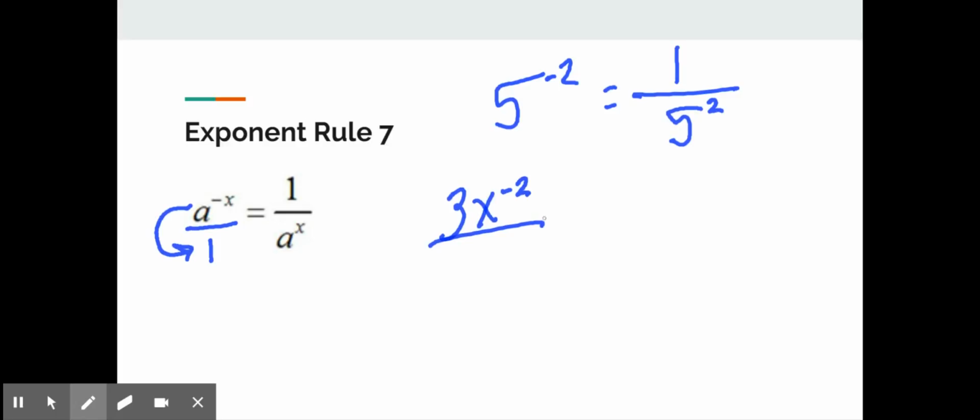It's just the x that has the exponent that's negative. I don't know why I put this fraction bar because it wasn't a fraction, but the 3 is going to stay on the numerator because there's no negative exponent on the 3. It's just the exponent on the x that is. And we're moving it to the denominator to make it positive.